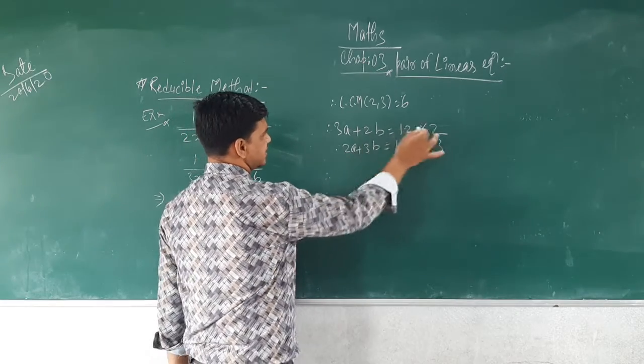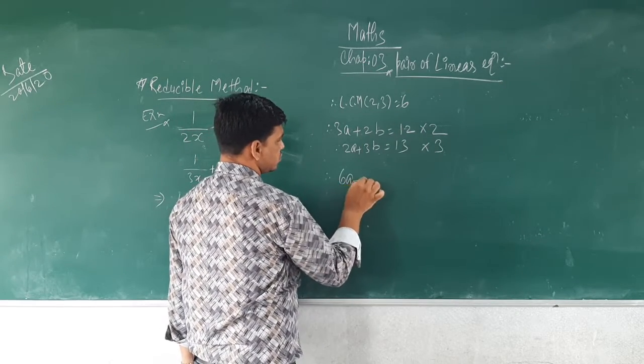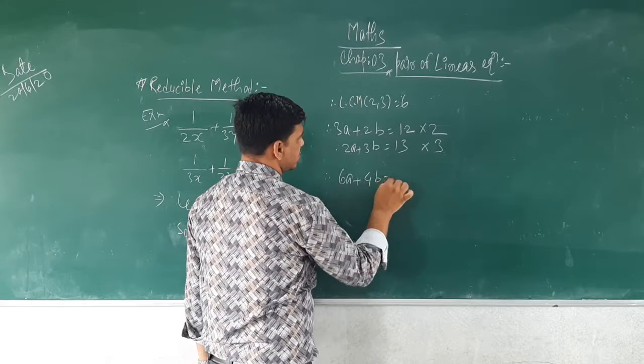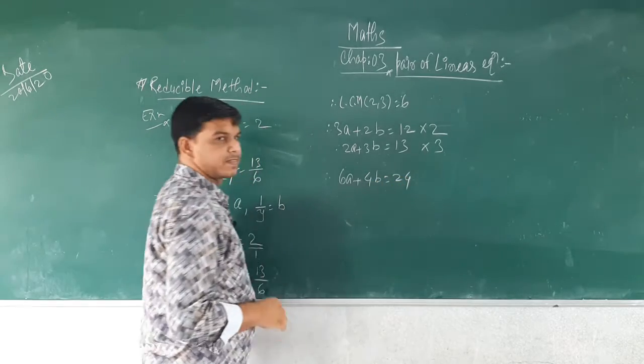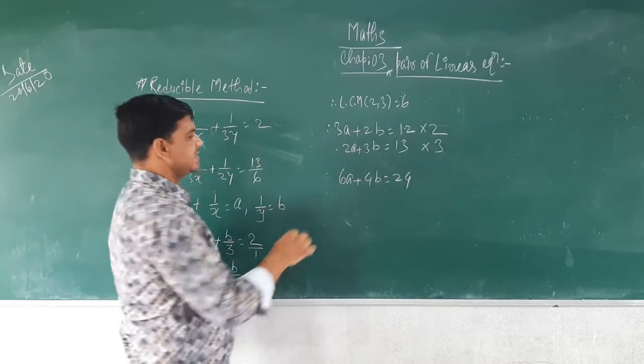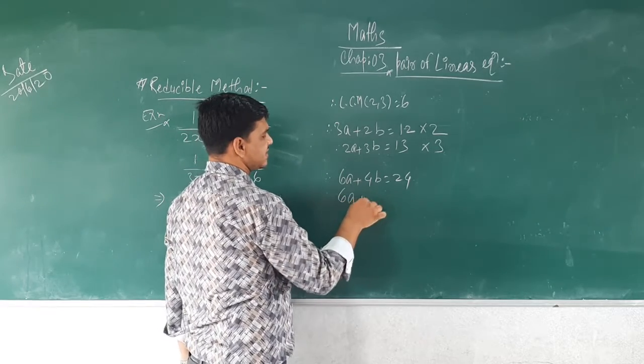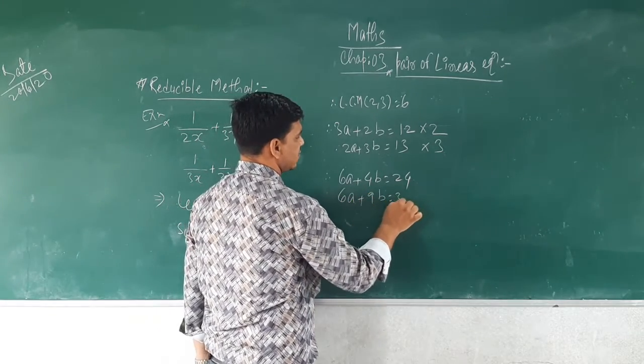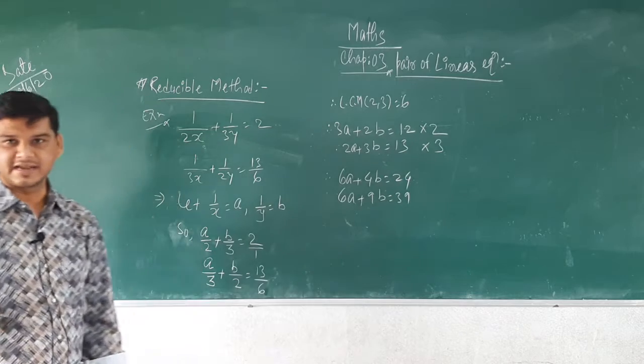So 3 × 2 is 6a plus 2 × 2 is 4b equals 12 × 2 is 24. Now 2 × 3 is 6a plus 3 × 3 is 9b equals 13 × 3 is 39.